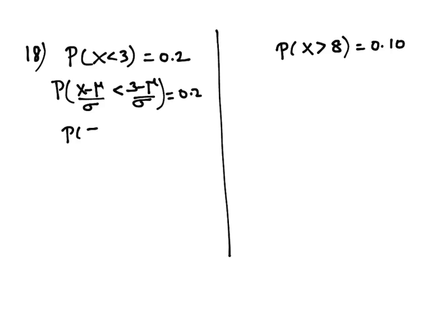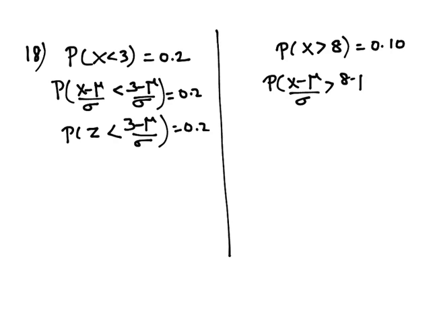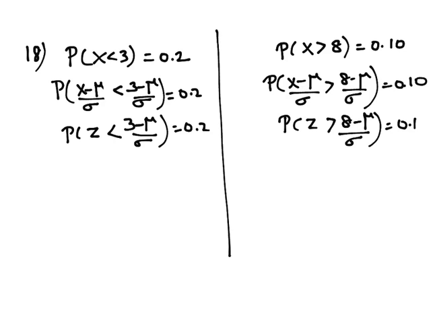So P of Z less than (3 minus mu) by sigma equal to 0.2. Same way here, P of (X minus mu) by sigma is greater than (8 minus mu) by sigma, 0.10. So P of Z more than (8 minus mu) by sigma equal to 0.10.